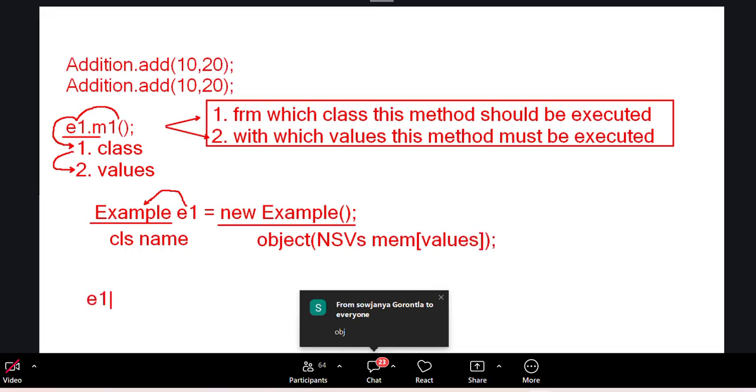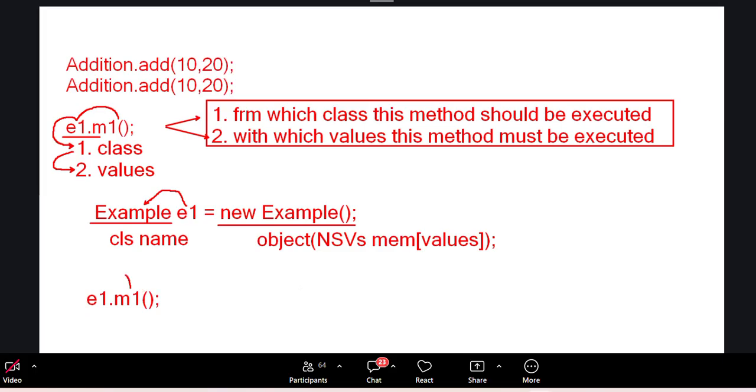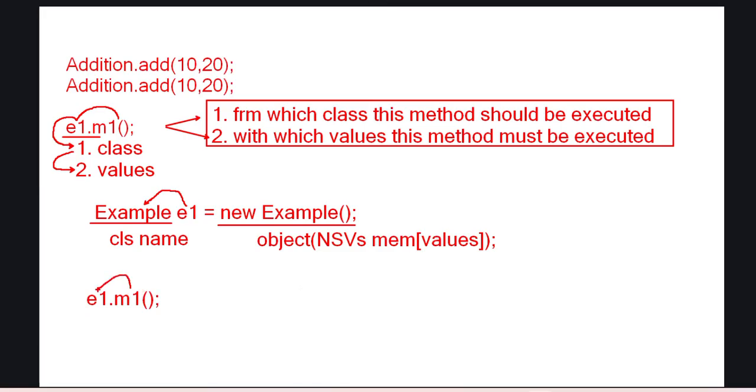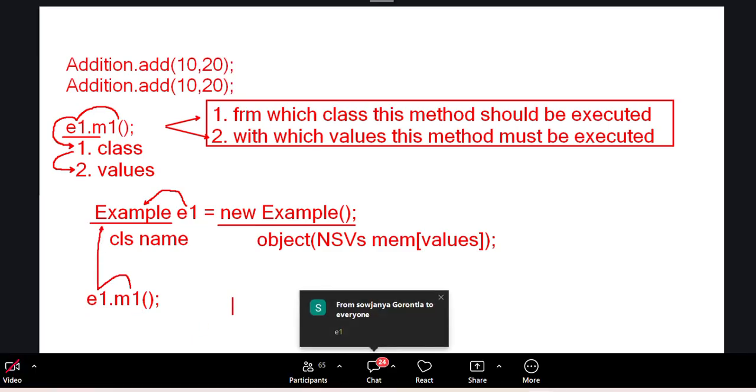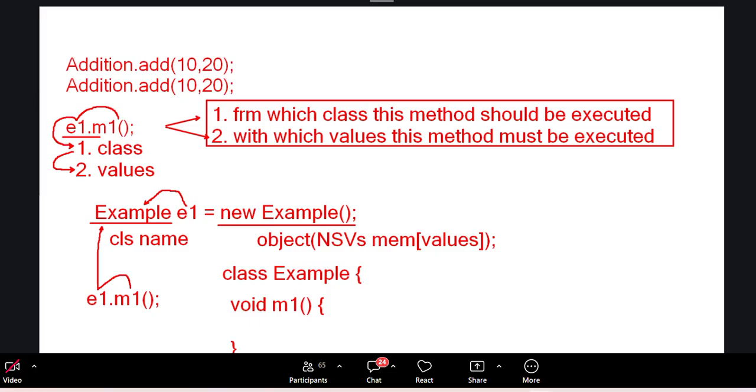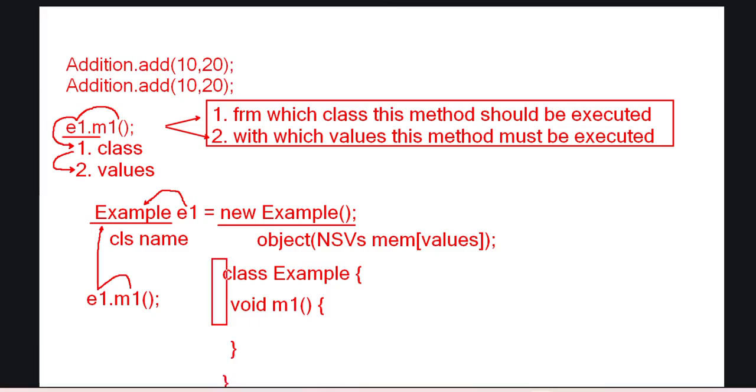Tell me, when I write E1 dot M1, what is the meaning of the statement? The M1 method is searched in which class? E1's class, Example. Found it: void M1 open bracket close bracket, in the class Example. Then inside this class I have a non-static variable x with value 10.